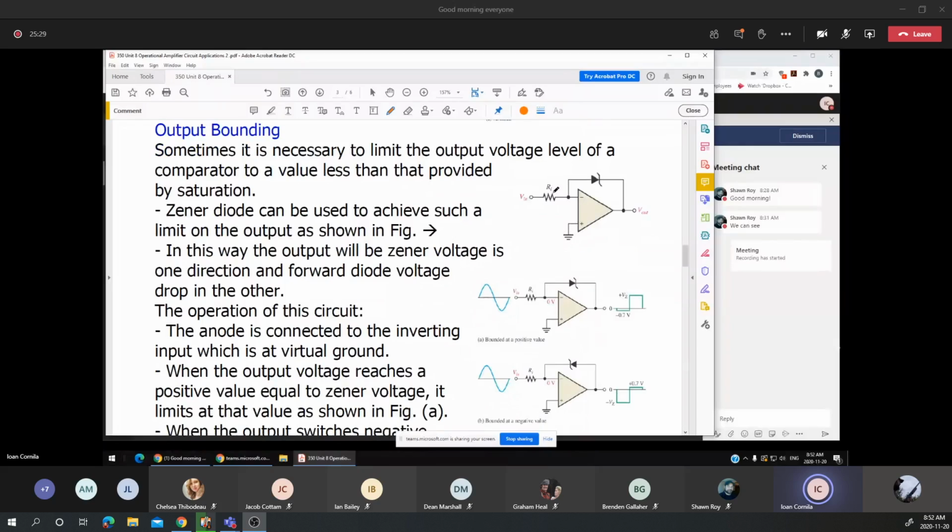The RI is the input resistance, and the RF is replaced with a Zener diode.